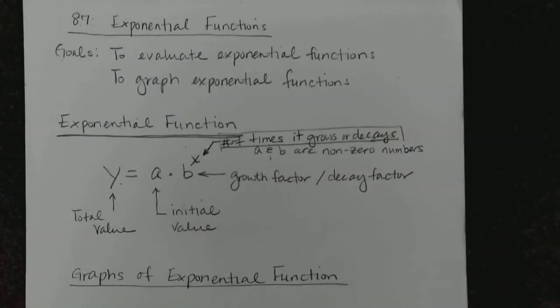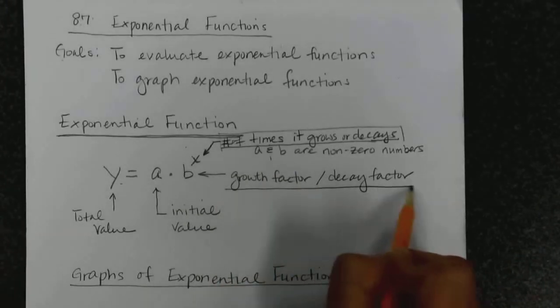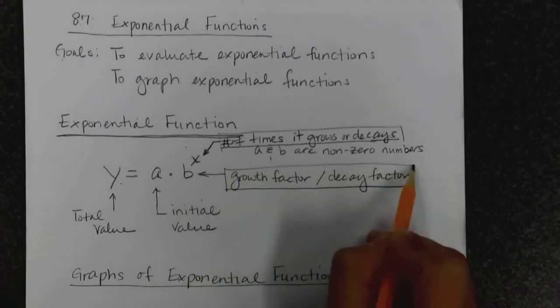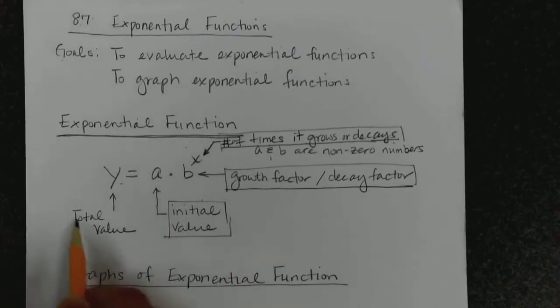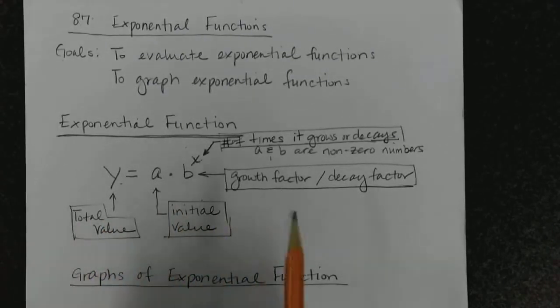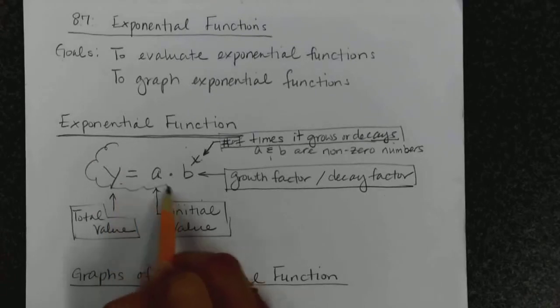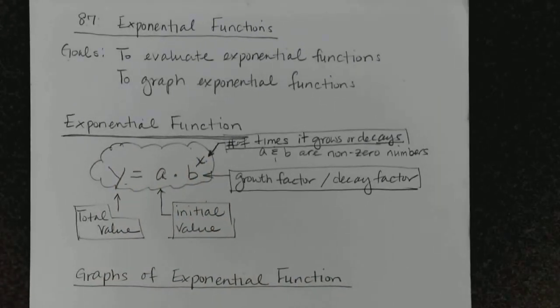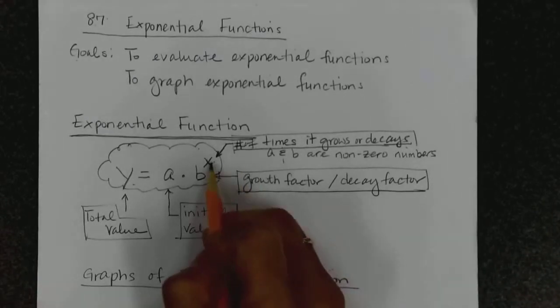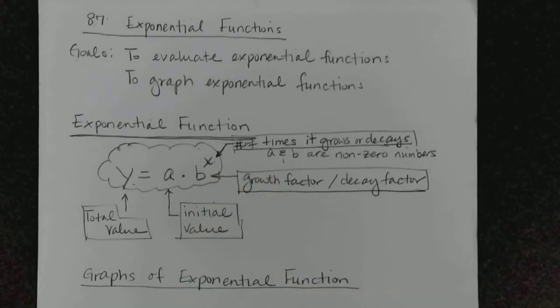If it grows every month, it grew 12 times in a year because there are 12 months in a year. Okay, so we've got a growth factor or decay factor, that's our b. X is our number of times it grows. A is our initial value, and then y would be our total final value. So y equals a times b to the x is the exponential function, because x is our exponent.